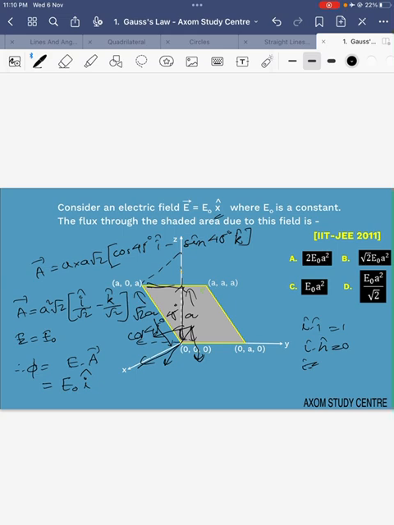So you will get a square root 2 into i by root 2 minus k cap by root 2. This part will be 0, so you will get only E naught into a square. The root 2 and 1 by root 2 get cancelled, i cap into i cap is 1. So this answer is C.